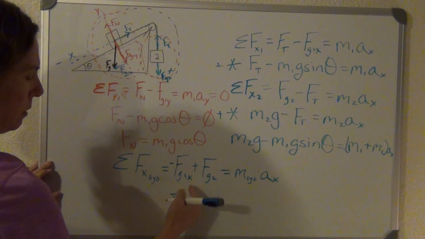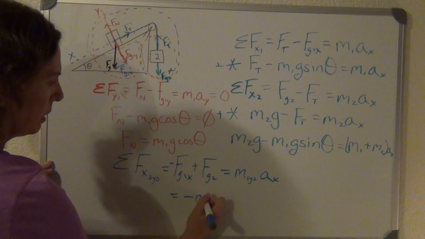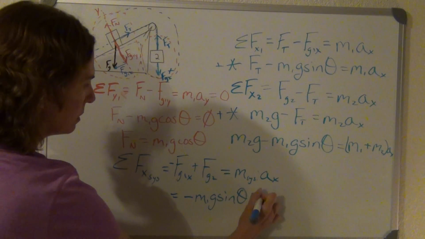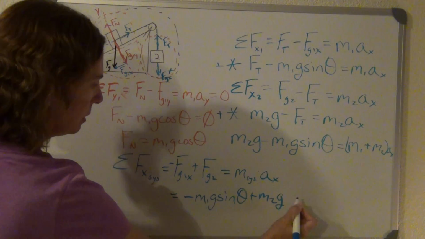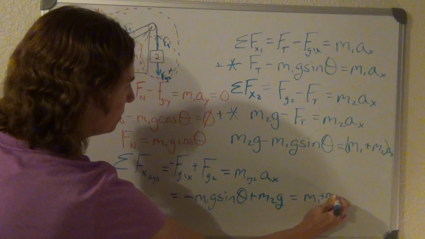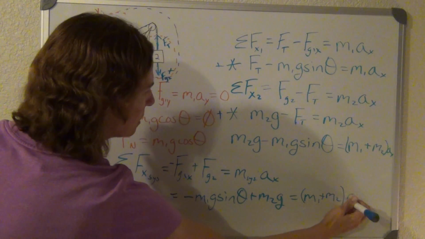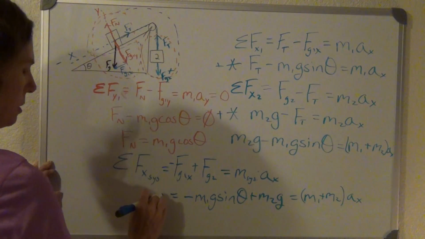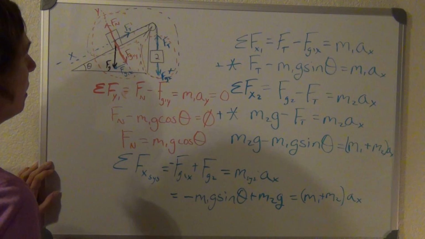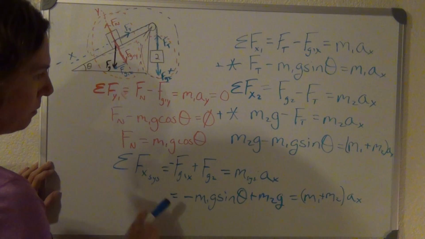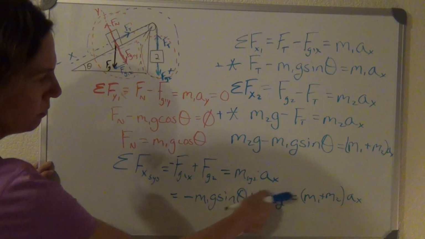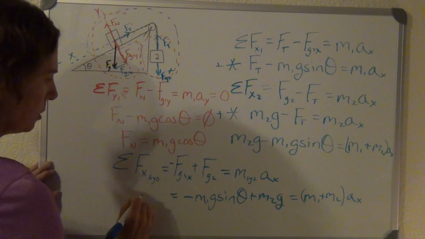And then if I substitute in, we have negative m1 g sine theta plus m2g equals m1 plus m2 times acceleration in the x direction. So this and this are the same thing, right? Just in a slightly different order. Okay. If we can get it down to this, we can solve it for the acceleration. We could divide through and have our acceleration in the x direction.